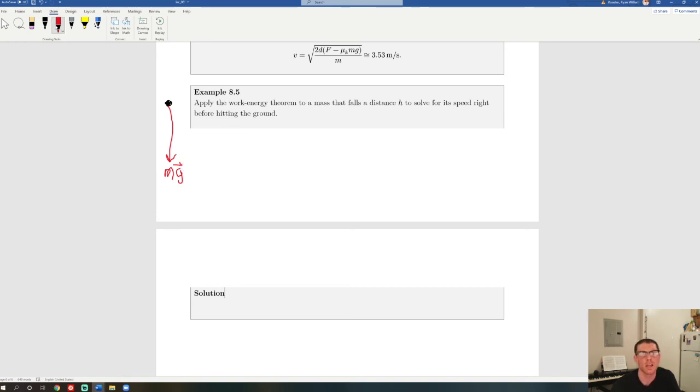Okay, and then if we want to draw in the displacement vector, that might look something like this. So we see that the angle between the gravitational force vector and the displacement vector in this case is 0. And, as we've already stated, cosine of 0 is 1.